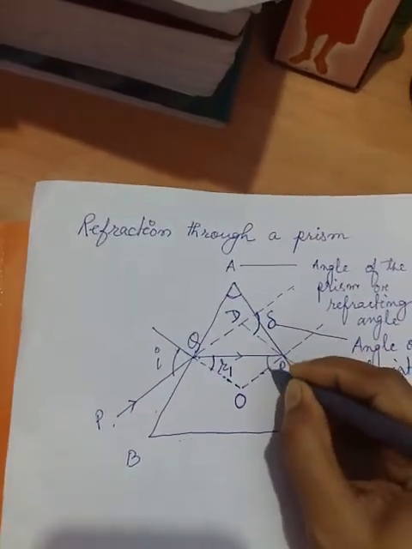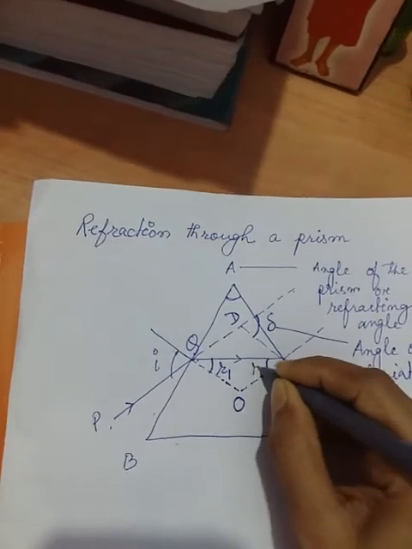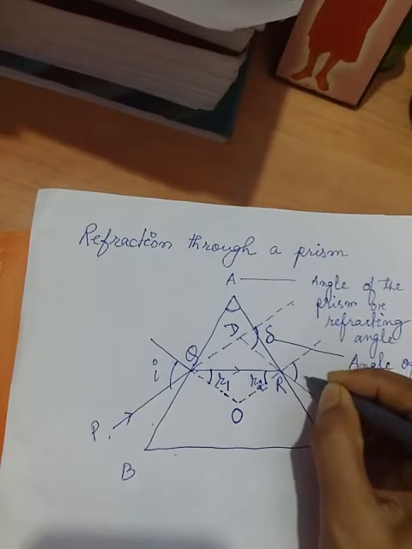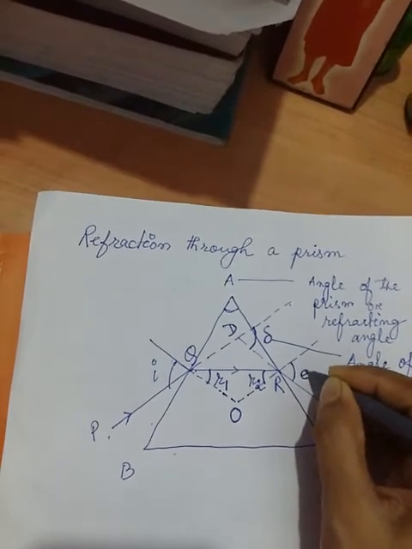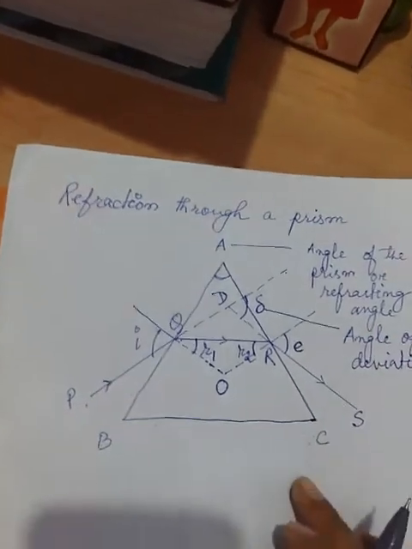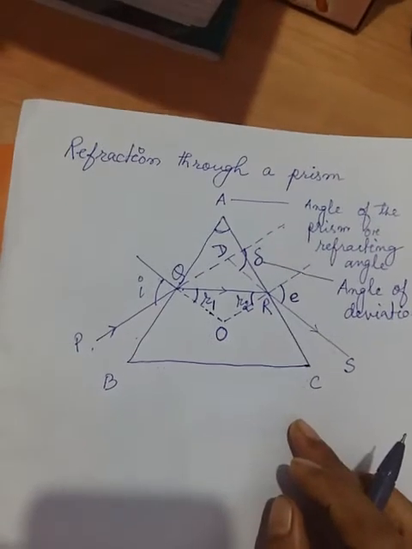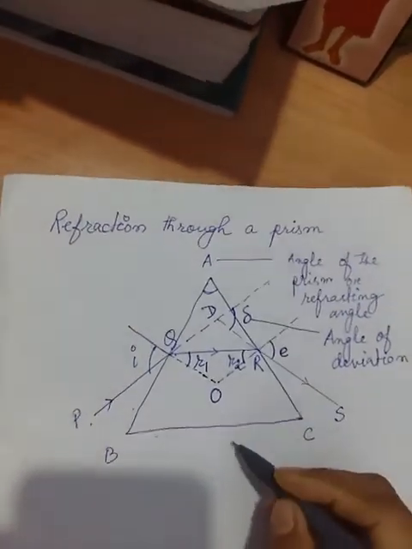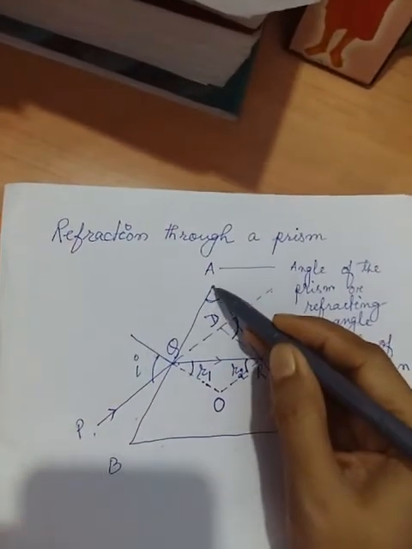For the second refracting surface, this one is your angle of incidence. This one is the angle of refraction, which is also the angle of emergence, and it is denoted by small e.